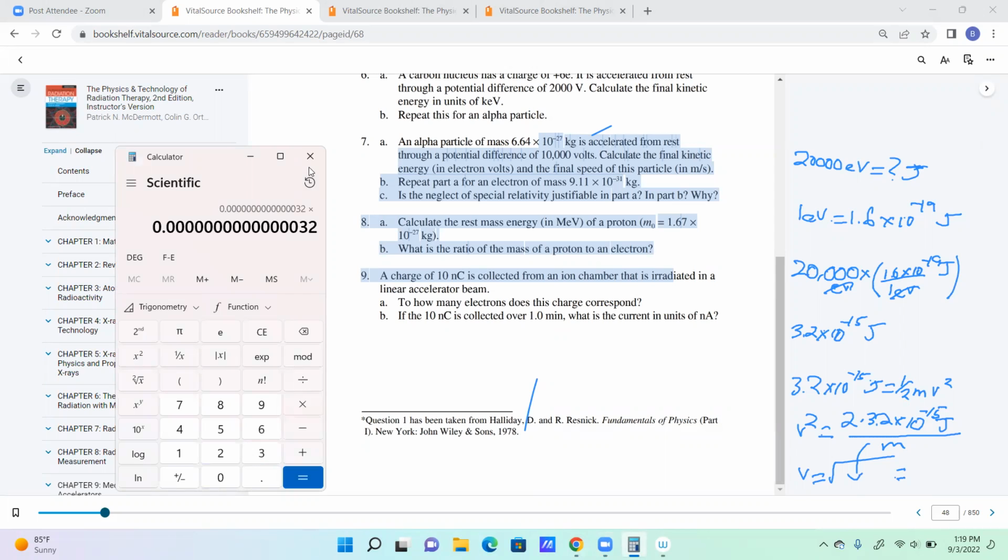Take that, multiply it by 2, and divide that by 6.64 times 10 raised to the minus 27th. Okay, I think I got a bad answer here. You know what? Let's go to Excel.